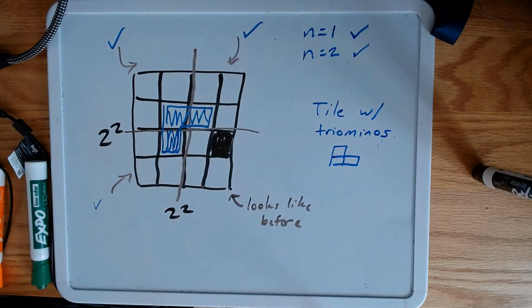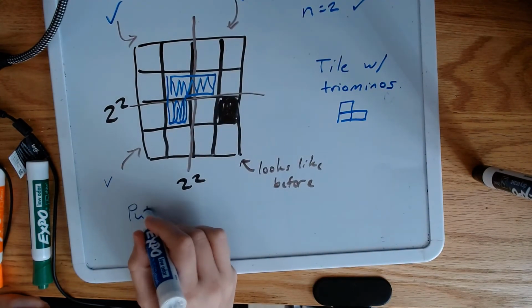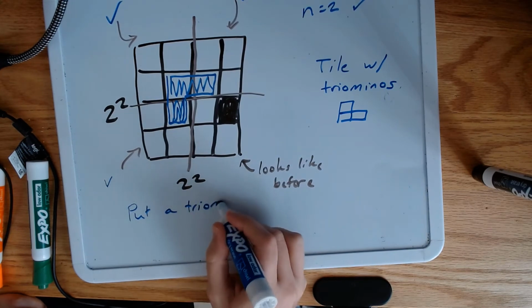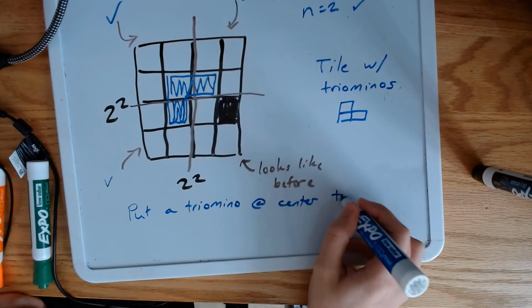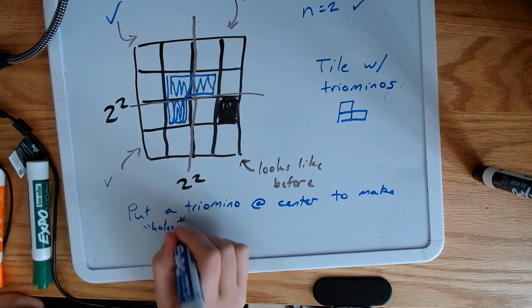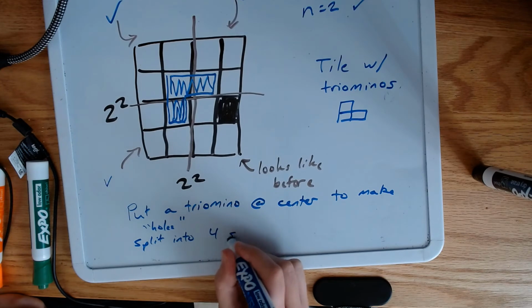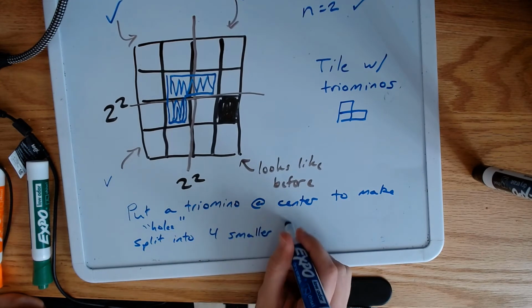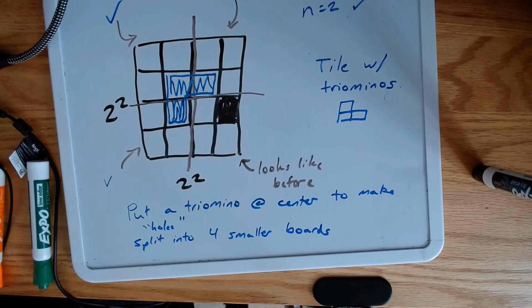And for higher n, the pattern would be to put the triomino at the center to make holes and then split into 4 smaller boards. So like I said, I'm not actually going to prove that this works, that proof is possible.